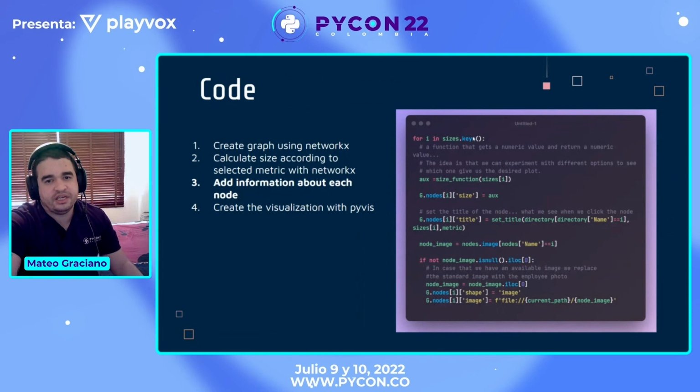I think the easiest way to follow this is to follow it on the repo. But basically you go through each node and define the size, and you go through each node and define the title.